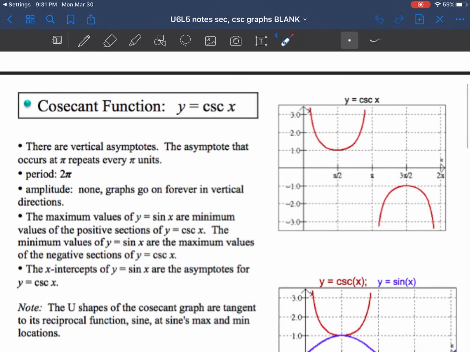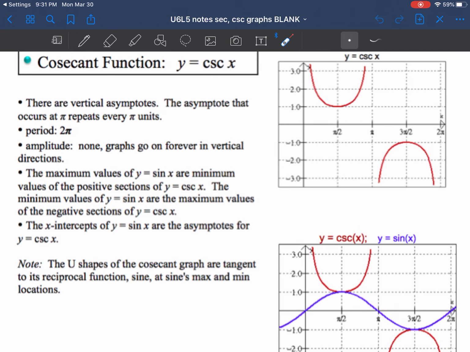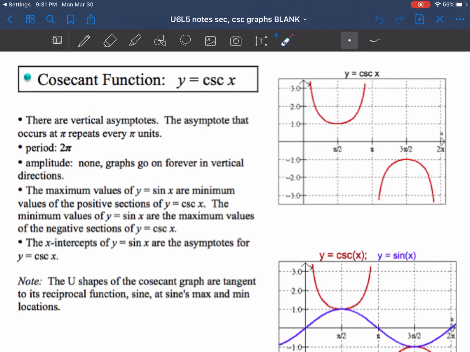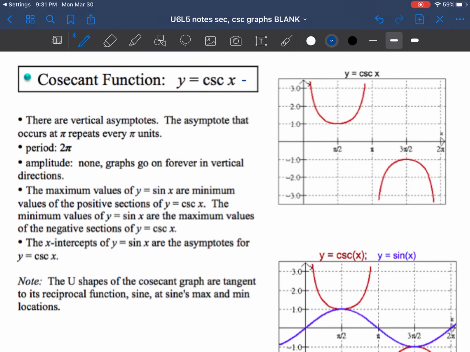Okay, so this slide's going to have some general characteristics of both the cosecant and the secant functions. So first of all, cosecant, abbreviated CSC x. Let's remember that this is really equal to 1 over sine x.